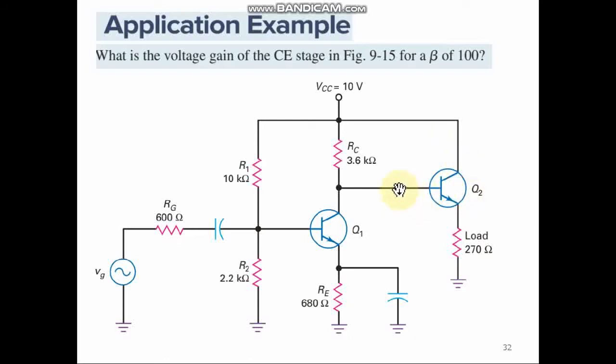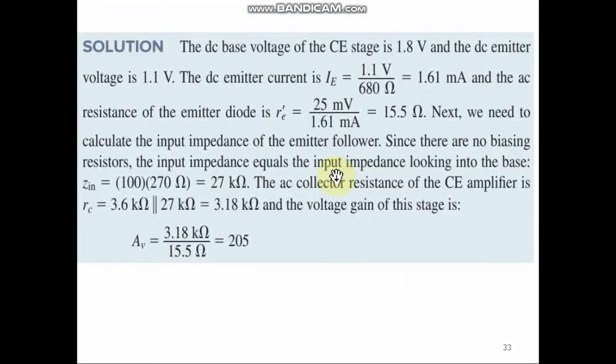The input impedance of the second stage will act as a load to the first stage. So RC parallel RL will become 3.18 kilo ohm. So that 3.18 divided by RE dash, that is RC parallel RL upon RE dash, is equal to 205. So you will get the voltage gain for the first stage as 205.